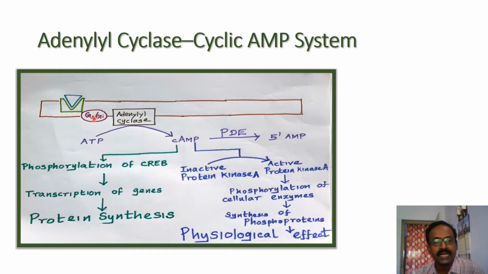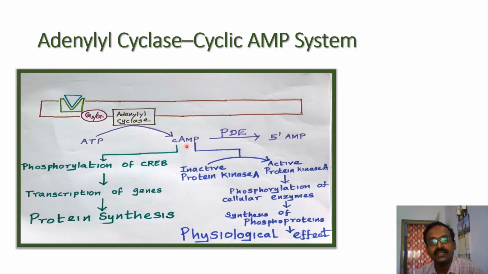When it activates the GS, it increases the formation of the cyclic AMP. When it activates the GI, it decreases the formation of the cyclic AMP by the activation of the enzyme adenyl cyclase. Adenyl cyclase converts the ATP to the cyclic AMP.